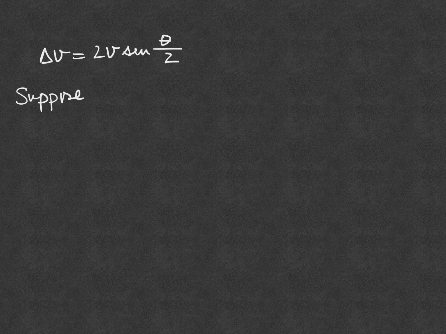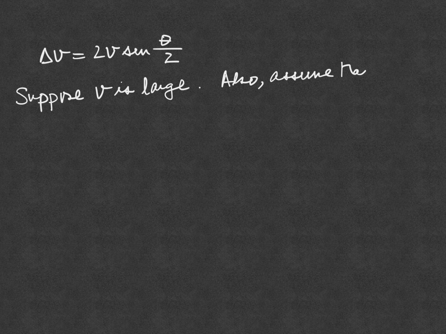Now let's look at this cranking impulse in a little bit more detail. We have that delta V is equal to 2V times the sine of theta over 2. Now, in general, a spacecraft may be moving with a large velocity. So suppose that the speed, v, is large, and also assume that theta is large.